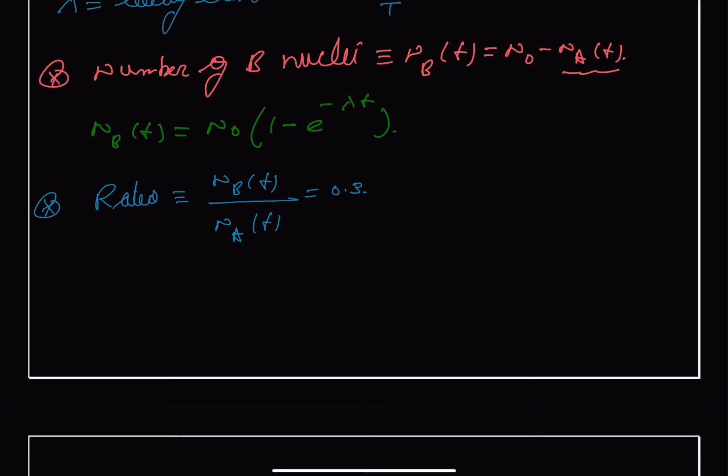We substitute, and we get N naught (1 minus e to the power minus lambda t) over N naught e to the power minus lambda t. Here N naught and N naught cancel out, and we are left with 1 minus e raised to power minus lambda t and e raised to power minus lambda t.